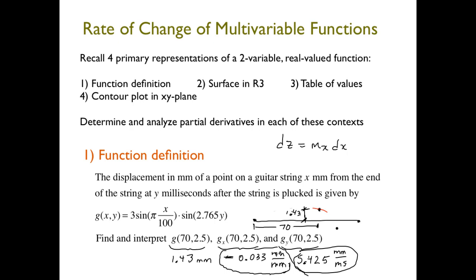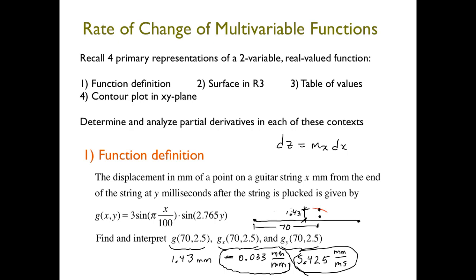So yeah, you said at 70 millimeters, given a small change in time, the change in displacement of the string will be 5.425 times the change in time. Yeah, time. So what is the string doing right now?